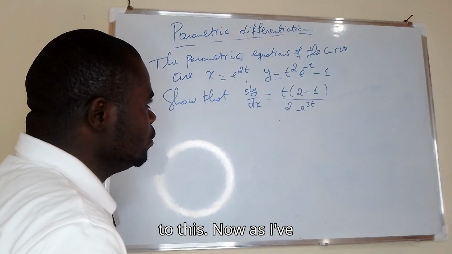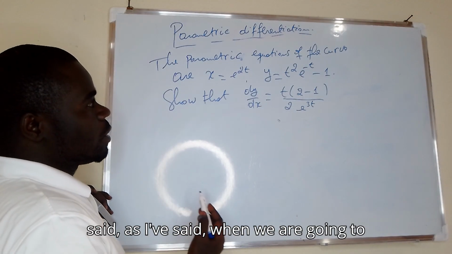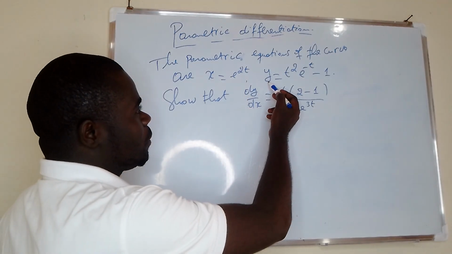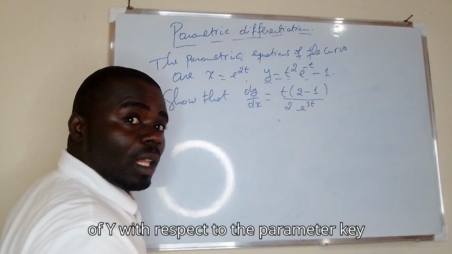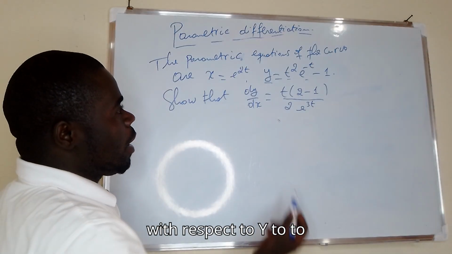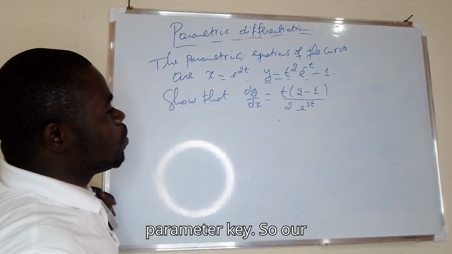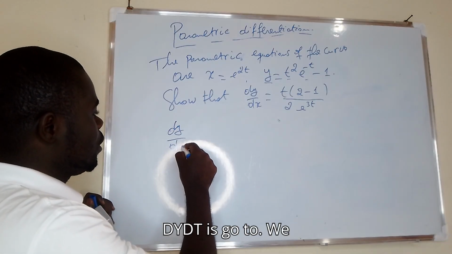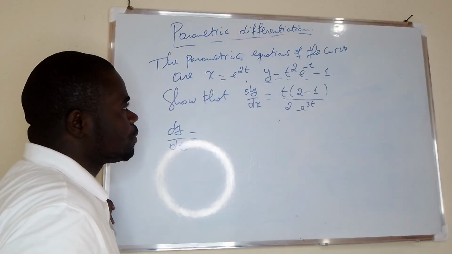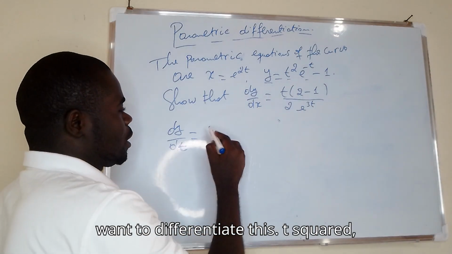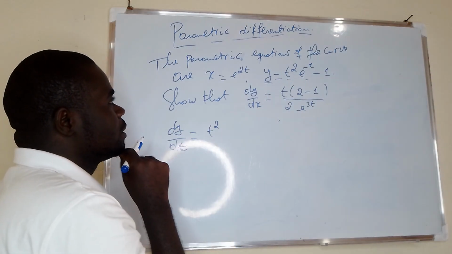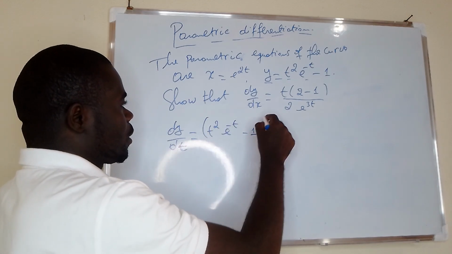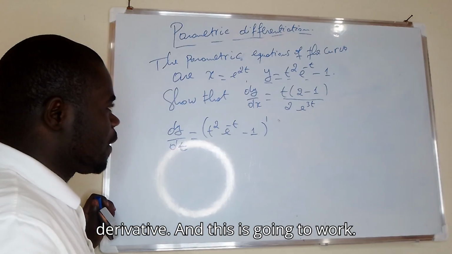Now, as we have said, when we are going to find dy/dx, we find the derivative of y with respect to the parameter t. So our dy/dt is equal to the derivative of t² e^(−t) − 1. And this is equal to what?